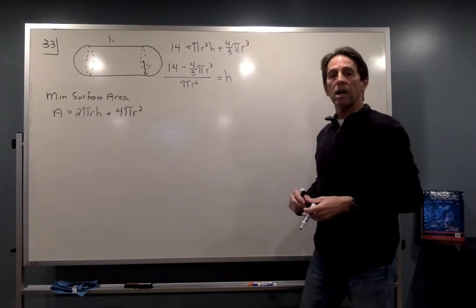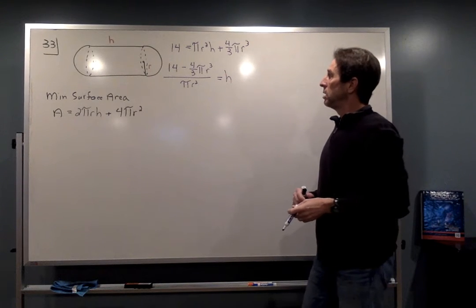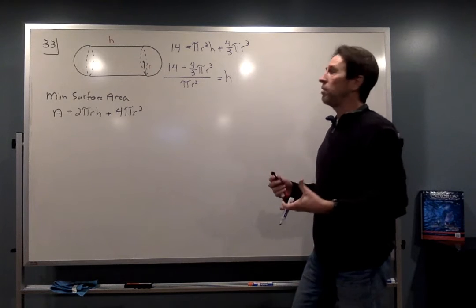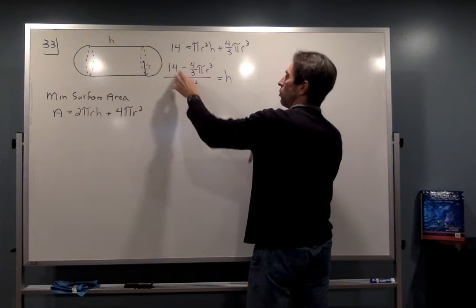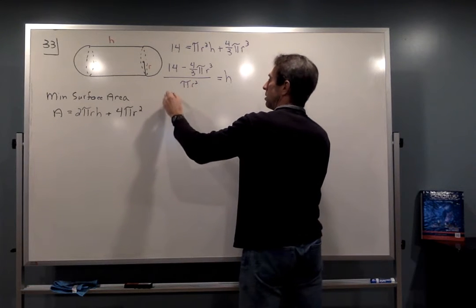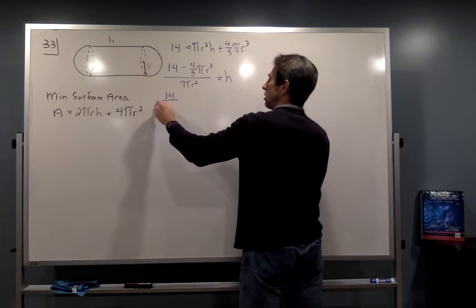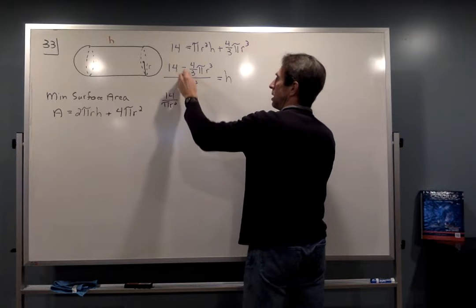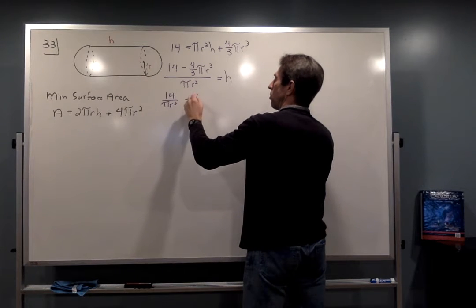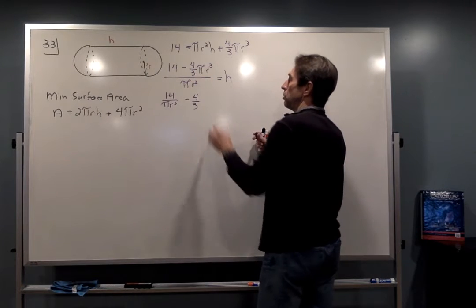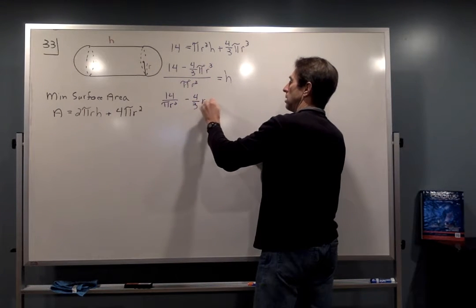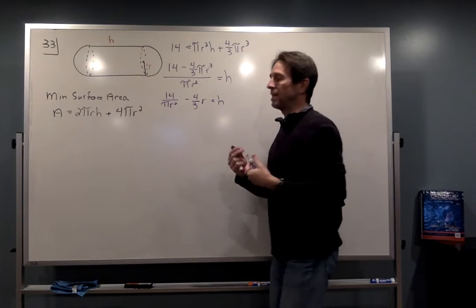Again, that's quite a complicated expression for h. So what I'll do is simplify it a little bit. I'm going to split it up into two separate fractions. I got 14 over pi r squared and minus 4/3. This pi would cancel along with two of these r's. So hopefully that looks a little bit better.